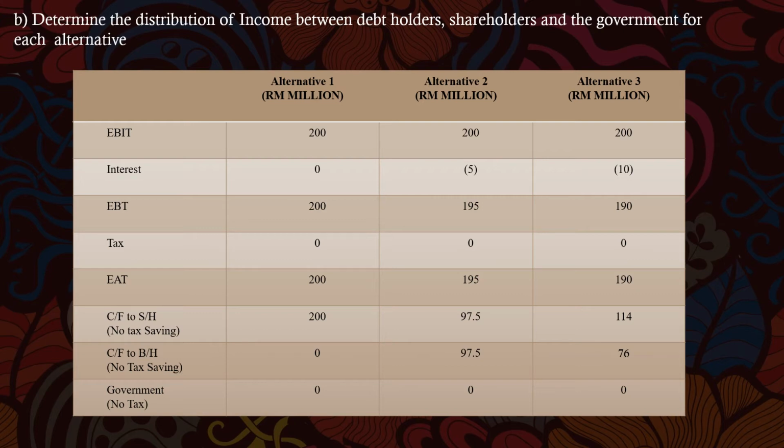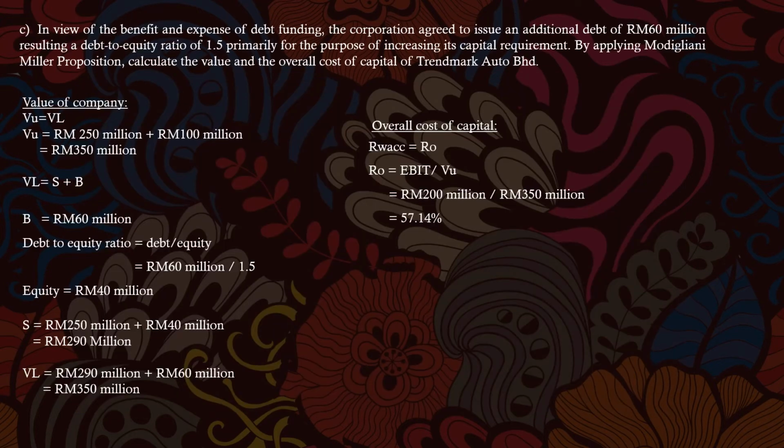So the answer we get is 76 million will be apportioned to bondholders, and the remaining 114 is apportioned to shareholders. Hi, I'm Shada. So I will explain question C.